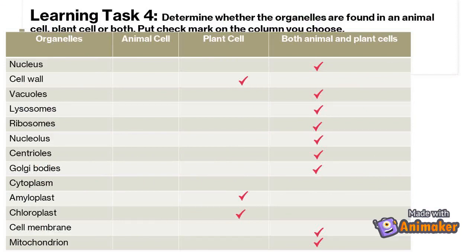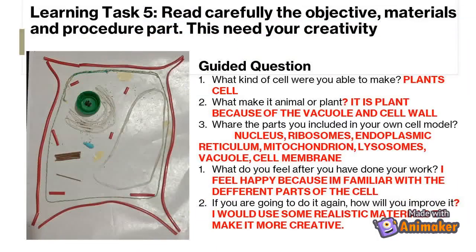Put a check mark on the column you choose. Learning task 5. Read carefully the objective, materials and procedure part. Prepare the needed materials for this learning task. Remember, this needs your creativity. Let's answer the guide questions.